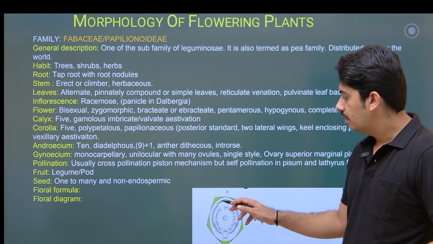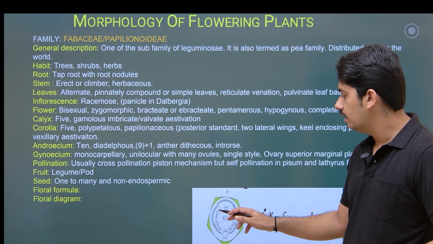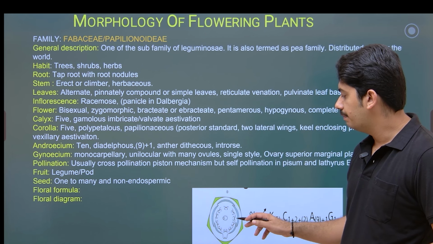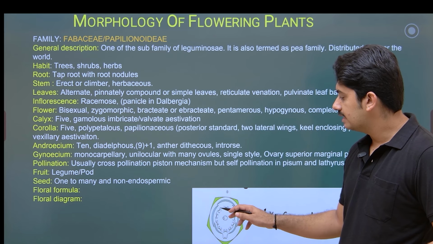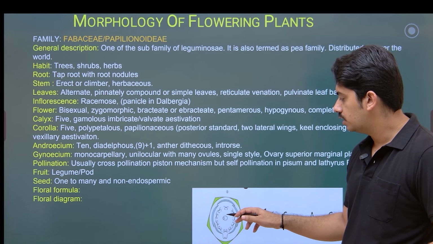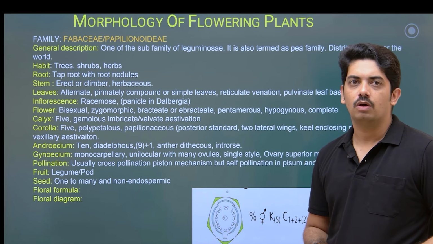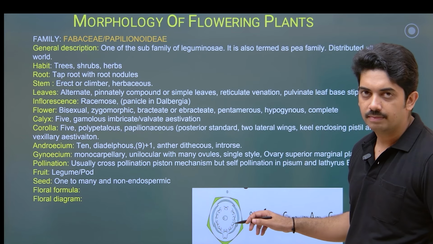Petals are free, but one posterior large one, we call it a standard petal. Then wing petals and a fused keel petal. There are 9 stamens, all fused, and one separate, diadelphous condition. Monocarpellary, unilocular, many ovules on marginal placentation. That is how we describe the ovary.